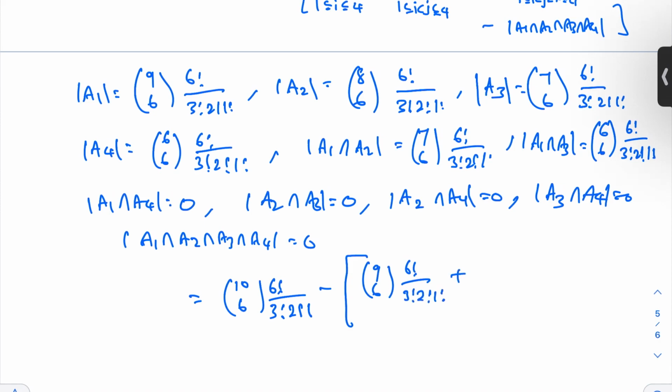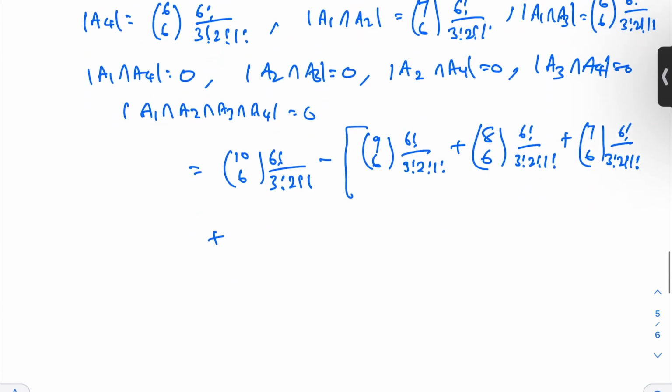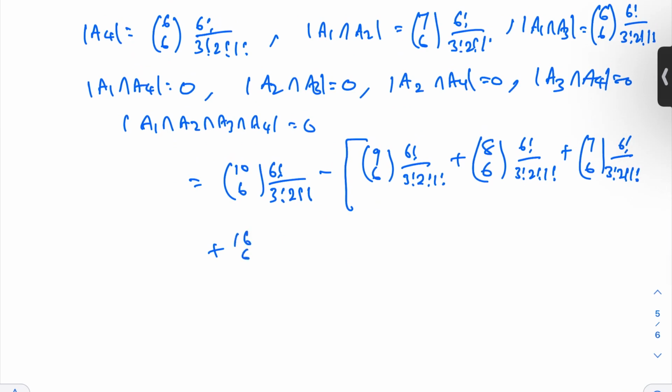Number of elements in A2, that is 8 choose 6 times 6 factorial by 3 factorial, 2 factorial, 1 factorial. Number of elements in A3, that is 7 choose 6 times 6 factorial by 3 factorial, 2 factorial, 1 factorial. And the number of elements in A4, that is 6 choose 6 times 6 factorial by 3 factorial, 2 factorial, 1 factorial.